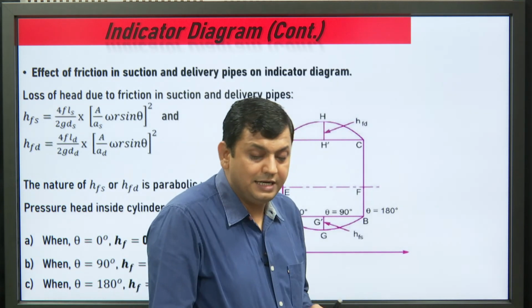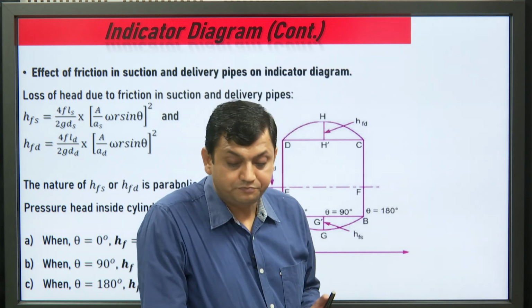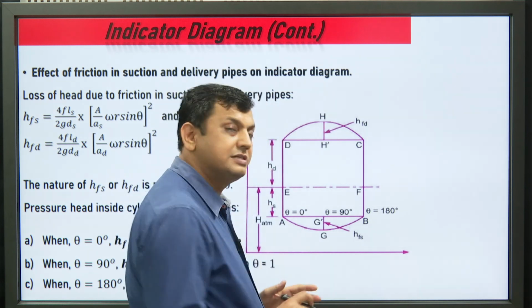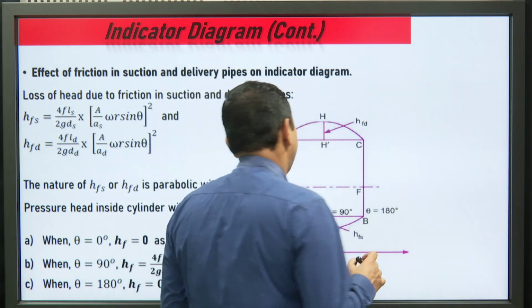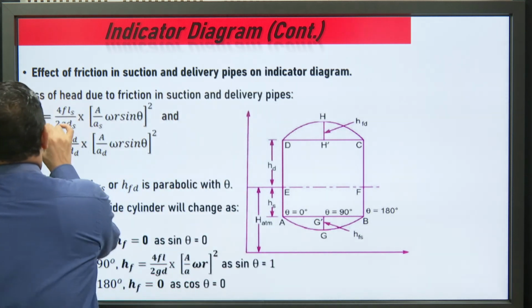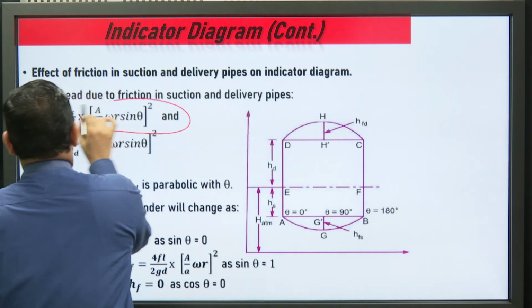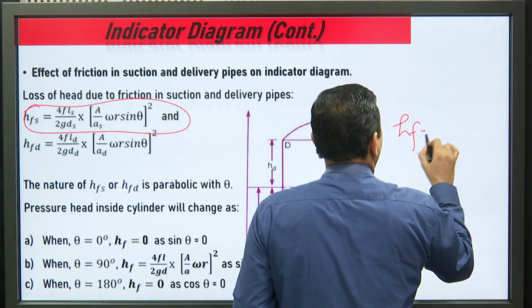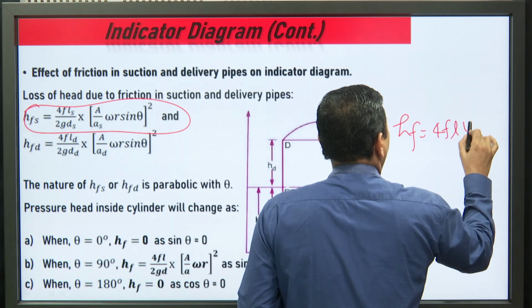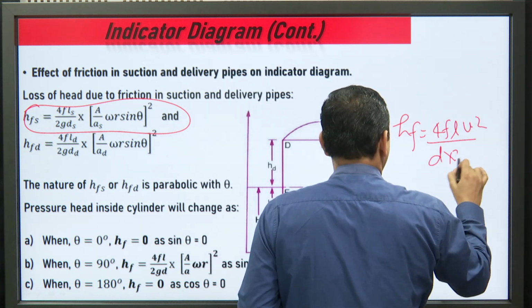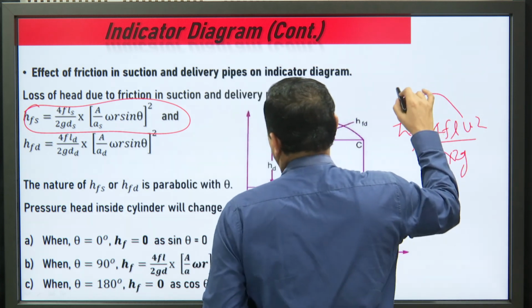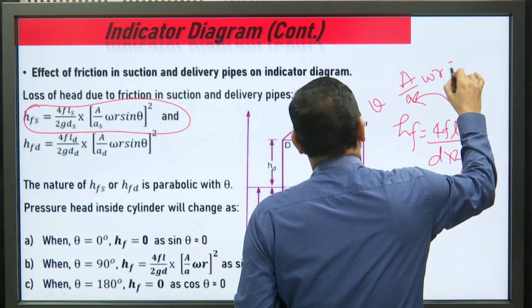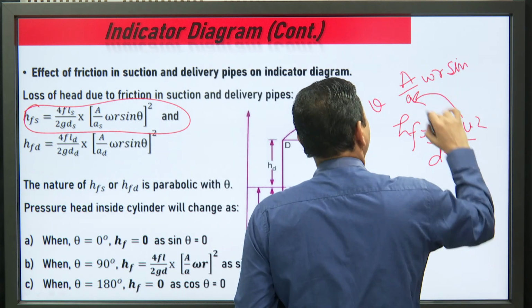Then, in the ultimate indicator diagram, what is the effect of friction? We have derived this equation previously. It is calculated by the Darcy-Weisbach equation, HF equal to 4 f L v square upon d into 2 g, and the velocity is V equal to A upon a, omega r sin theta, because this is a square term.